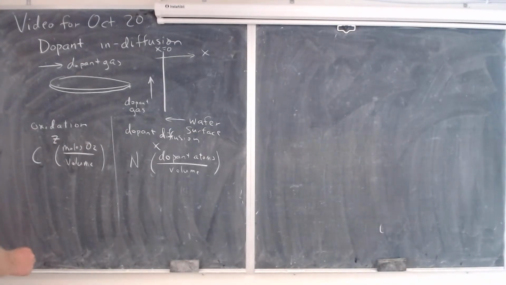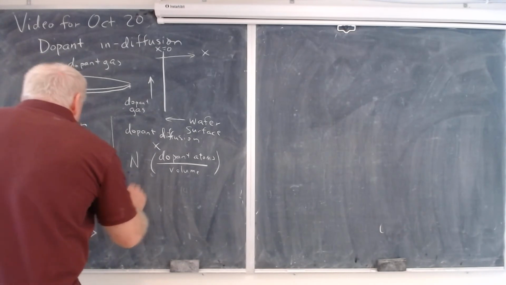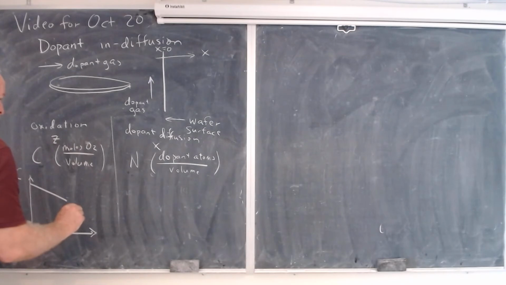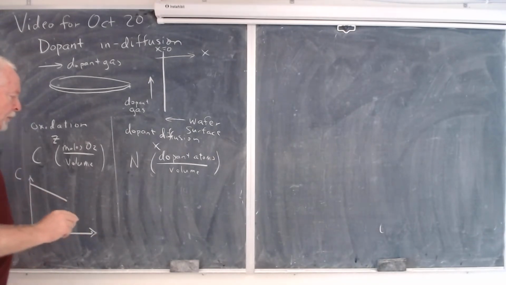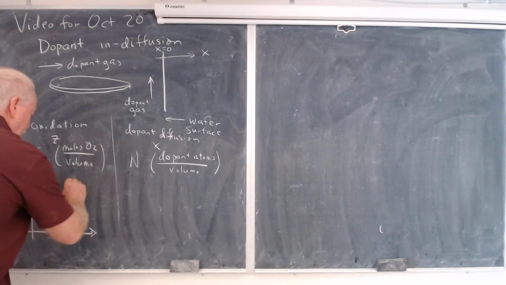I'll draw them. For oxidation, C goes like that, as we just discussed. It's a straight line. And for a given time, it can be approximately independent of time, and I'll explain that in a minute.